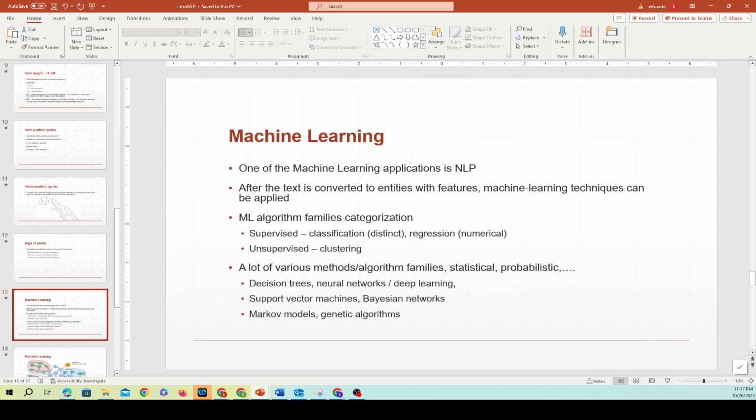One of them is supervised, which is a way to classify distinct elements. Regression, which is numerical continuous, or unsupervised. In the supervised, we're training the data, but we're also providing the correct solutions, telling it that this is the right solution, and then it makes adjustments according to that.